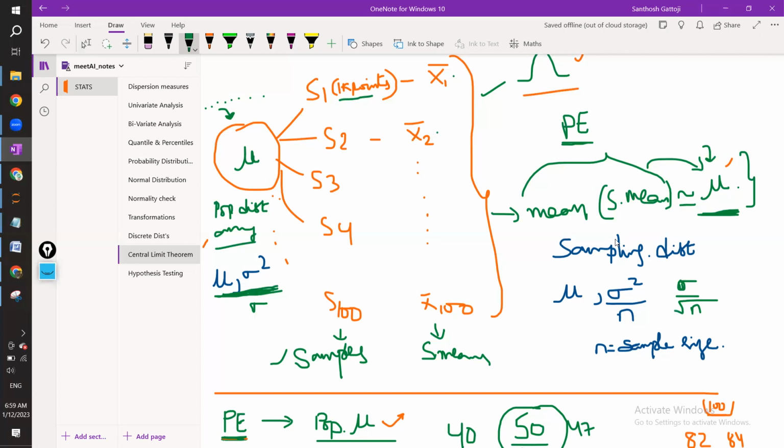But that is not possible practically. That is the same issue we face throughout our statistics journey, because population parameters are mostly unknown. That's why we come up with these techniques, so that we can take samples, work on those samples, create some theorems and finally estimate the parameters of the population.